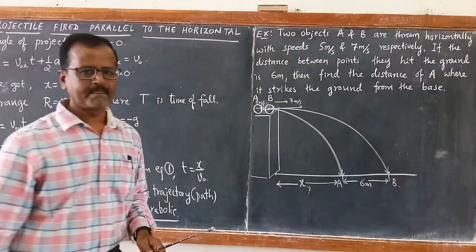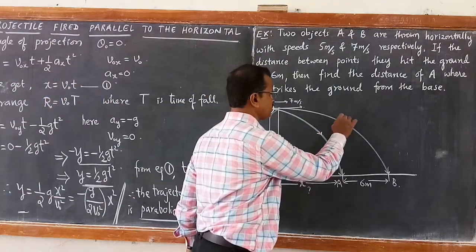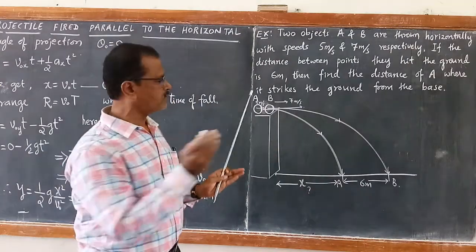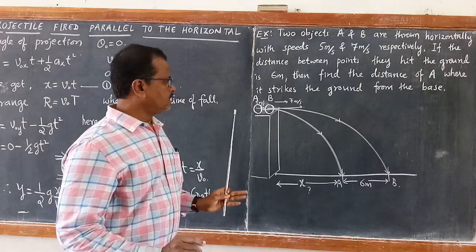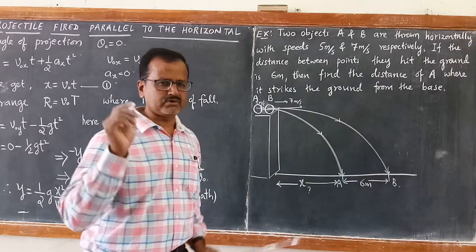This is the question. Now to solve this problem, remember that both of these objects are thrown from the same height, same platform. Then the time taken to reach the ground is the same, as I just told you.